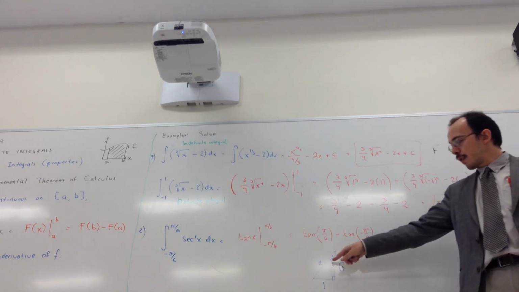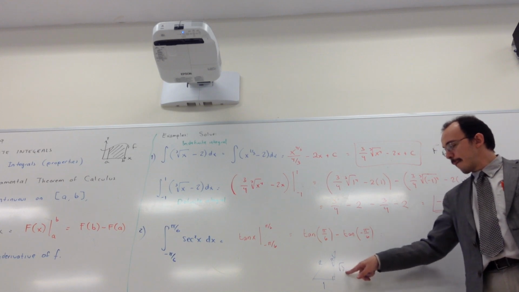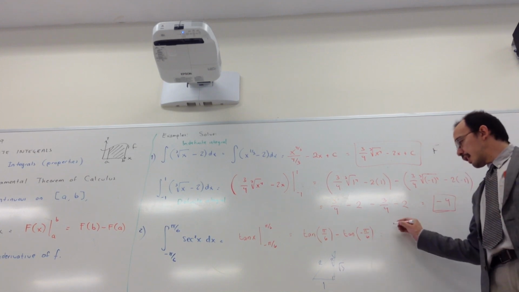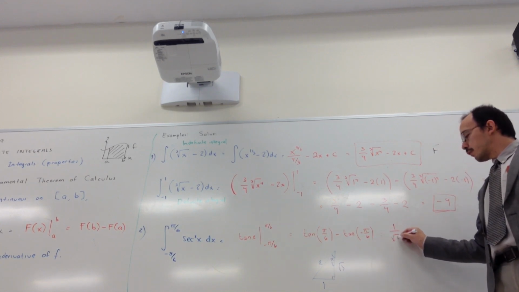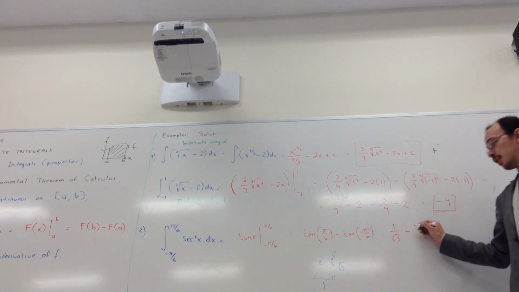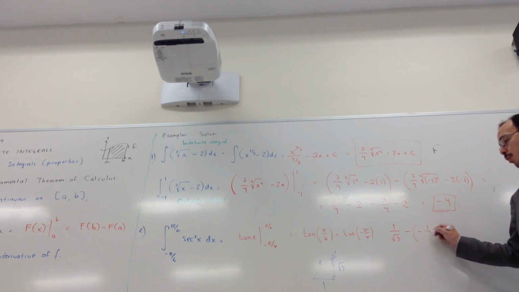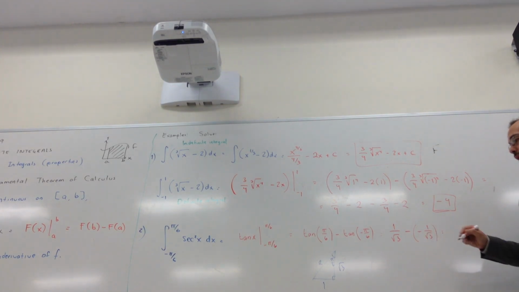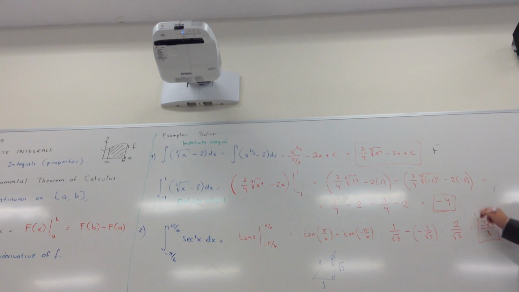So tangent of pi over 6 is opposite over adjacent, which is 1 over square root of 3, minus tangent of minus pi over 6, which is minus 1 over square root of 3. So at the end my answer is 2 over square root of 3. Rationalize: 2 square root of 3 over 3.